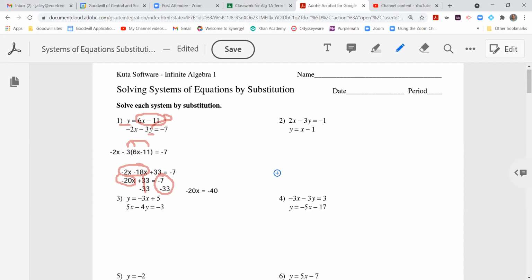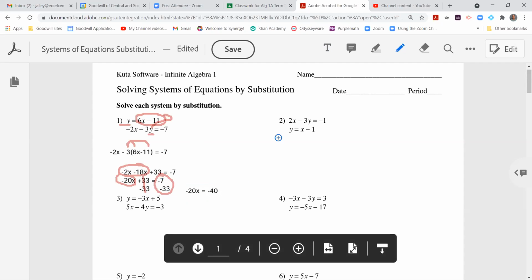So now you can find x. Divide both sides by -20. Again, those opposites come into play, -20. X equals 2. And then let's go back to this original one. Plug it back in here. Y equals 6 times 2 minus 11. So 12 minus 11. Y equals 1. So our solution point is 2, comma 1.